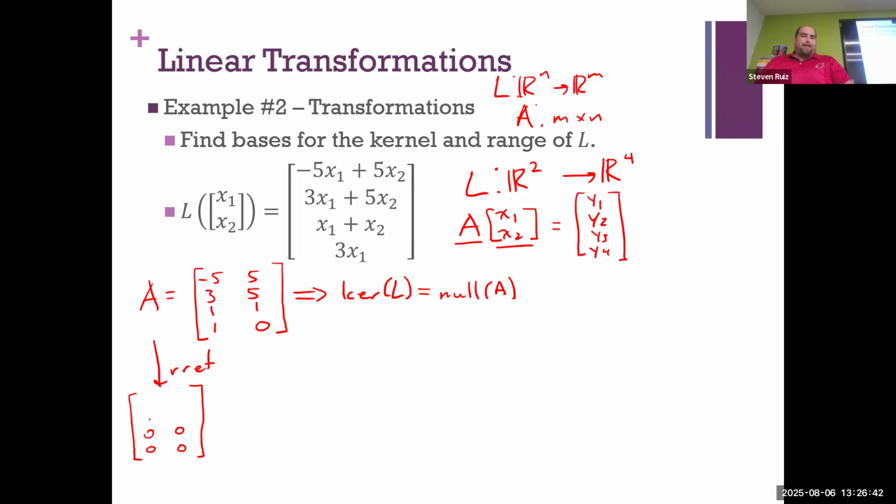What does the rest of this look like? One zero. Oh, so it's the identity. What is the null space of A?